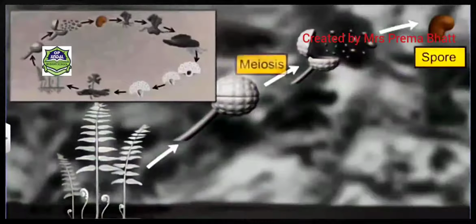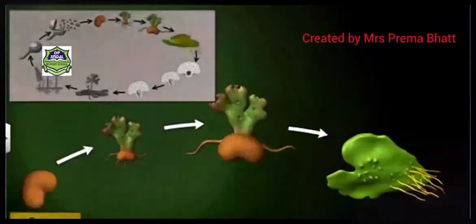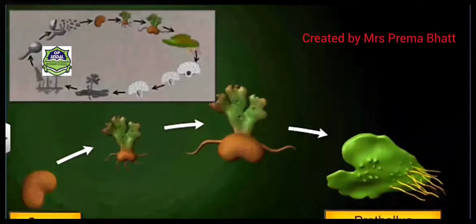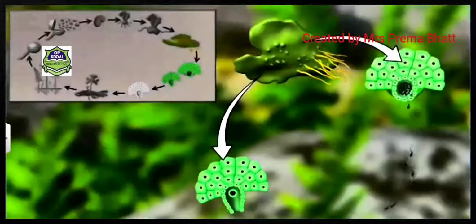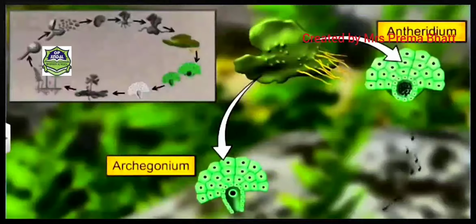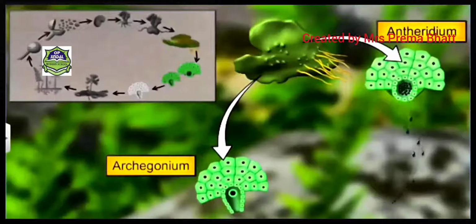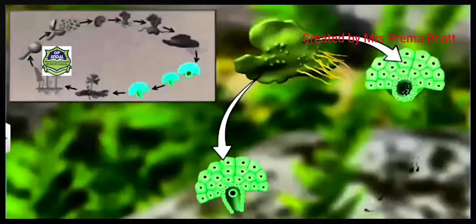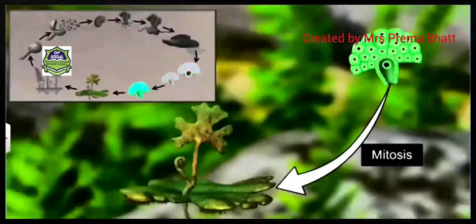You know that the main plant body of fern is a sporophyte, which produces the gametophyte, that is the prothallus. The prothallus has male and female reproductive parts, that is antherozoids and archegonia, and after fertilization the zygote is produced when the antherozoids fertilize the egg, and this zygote results in the formation of the sporophytic phase.